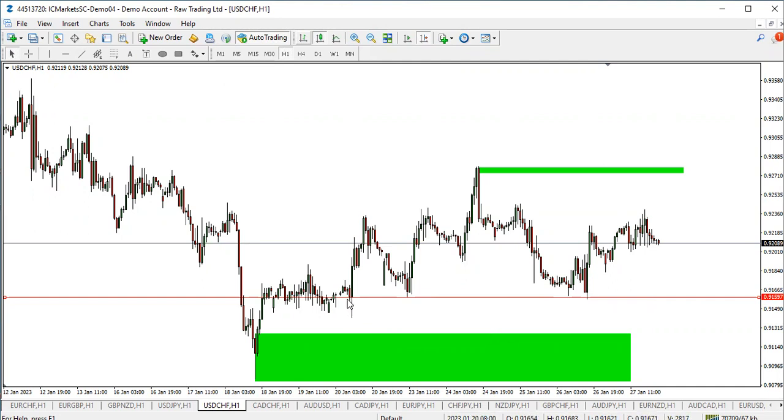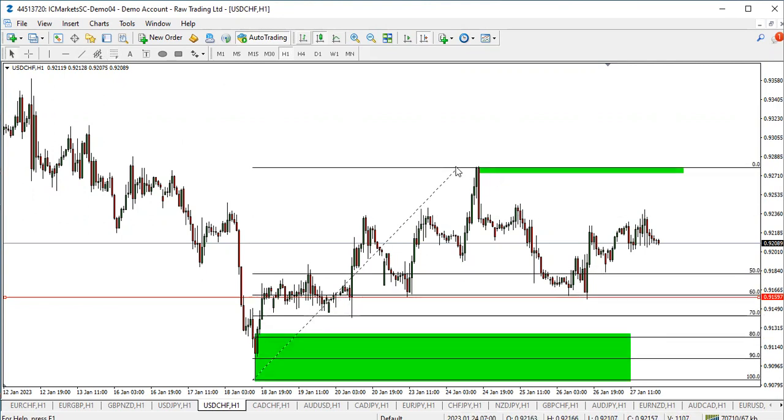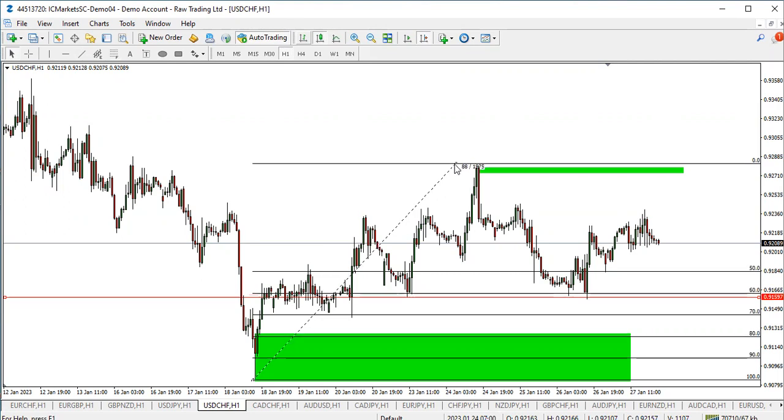Again, the retail trader seeing this buy here has waited for the market to come to 50% or 68%, something like that. And then 68% will be somewhere here, the retail trader's Fibonacci ratio, and they will have bought here.